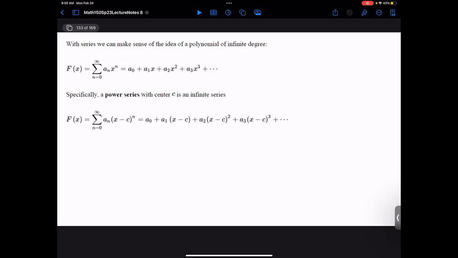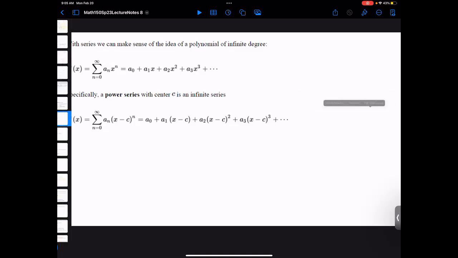If I'm trying to describe what's happening with my car and I want to model where will I be in a few seconds, and I know after 1 hour, I'm 48 miles from home, traveling at 62 miles per hour. That's below the speed limit, don't worry where I am. I don't really want to be expanding things about time equals 0. I want to be expanding things about time equals 1 hour because that's where my information is. I want to know what's going on around that period of time.